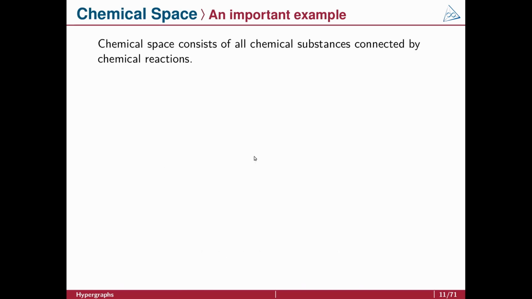But before I go on, now this has been quite abstract, and maybe not everybody will enjoy that level of abstraction that I'm developing here. So as an interlude now, I present a concrete example that we're also working on, namely chemical space. So chemical space consists of all chemical substances connected by chemical reactions.